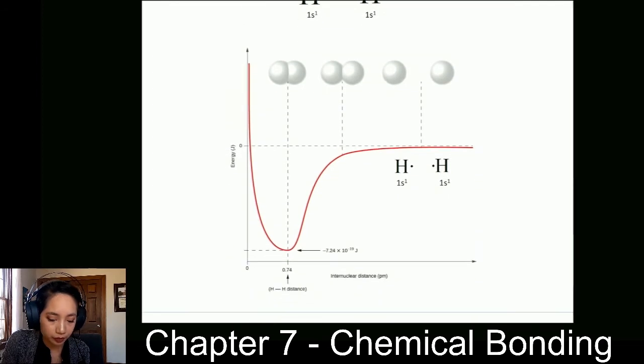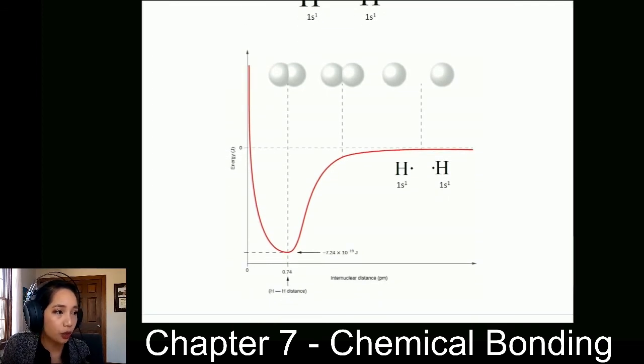So here is a diagram that shows the internuclear distances between 2 hydrogen atoms when they form a covalent bond. Right here on this side of the graph are when the neutral hydrogen atoms are far away from each other. This x-axis is internuclear distance.